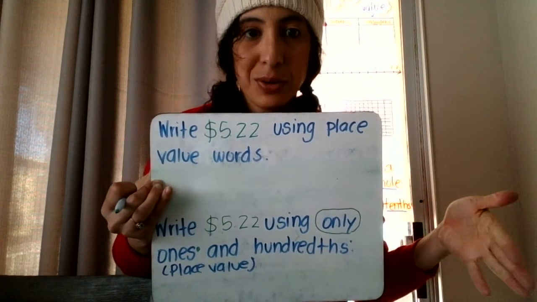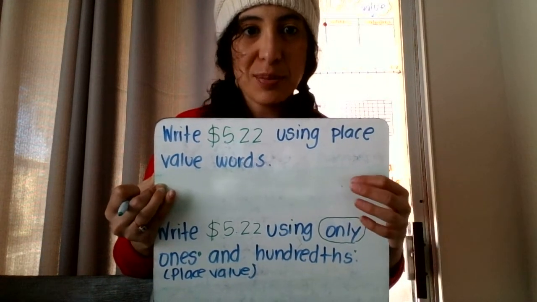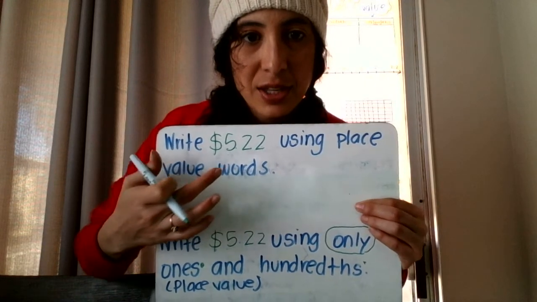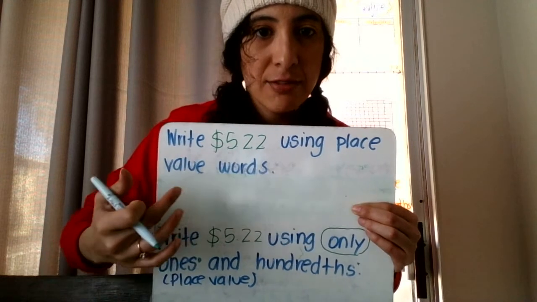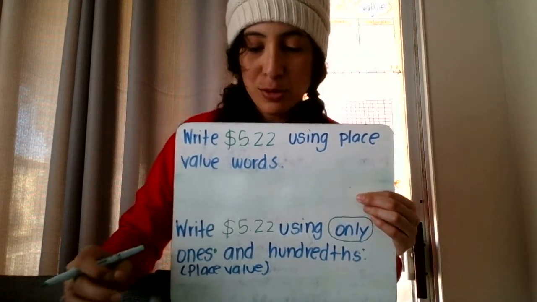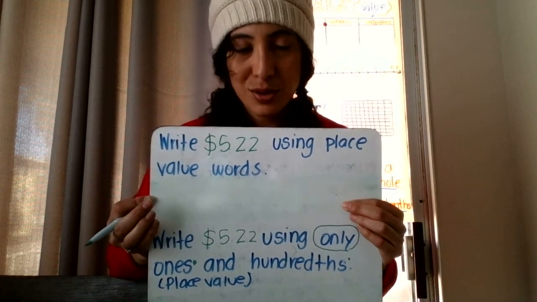You can just say it out loud or think about it in your head, but I suggest you write it on something so that way you see if you got it right. Write $5.22 using place value words. So place value words, meaning ones, tenths, hundredths.